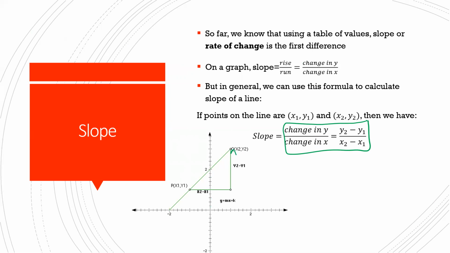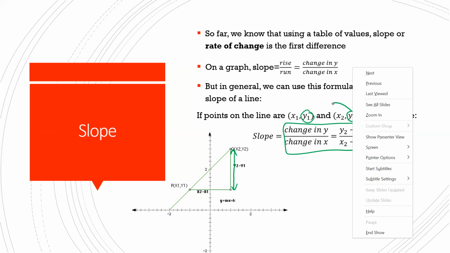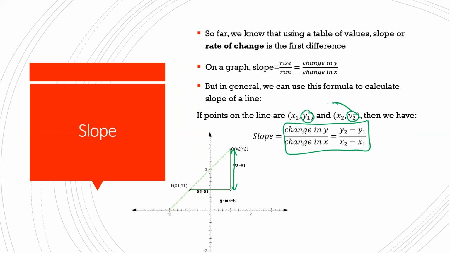If the first coordinate is x1, y1, and the second set of coordinates is x2, y2, we're going to take the two y coordinates and simply subtract them. So we take the second y coordinate and subtract off the first y coordinate.